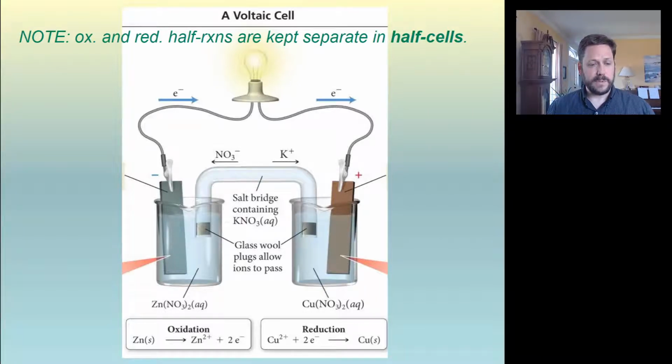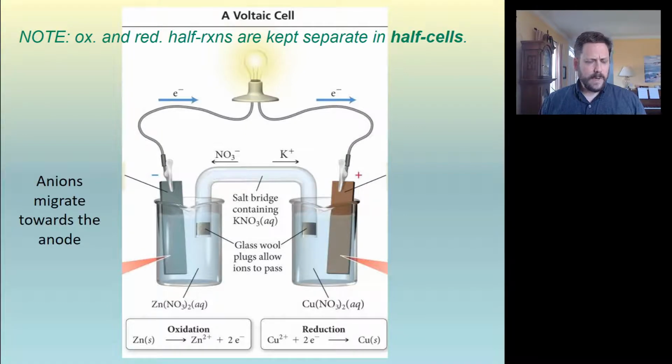And in order to complete the circuit and make sure there's not a charge imbalance, the salt bridge is going to allow for the migration of anions and cations in such a way that there is not a buildup of positive or negative charge on one side of the cell or the other, but rather there's a complete circuit in terms of a flow of charge. So the anions are going to migrate towards the anode, and that is because the anode is going to have a positive charge.